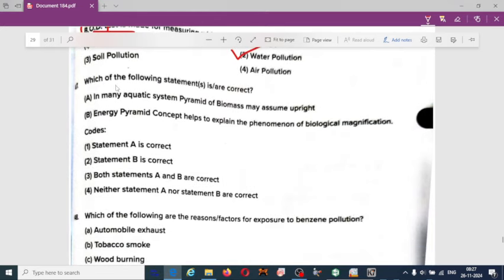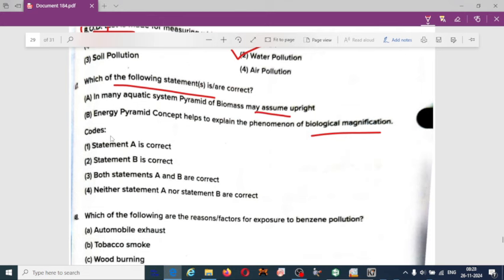Second one is correct. Which of the following statements are correct? In many aquatic systems, pyramid of biomass may assume upright. Energy pyramid concept helps to explain the phenomena of biological magnification.